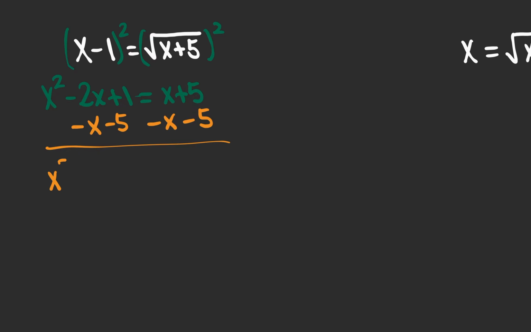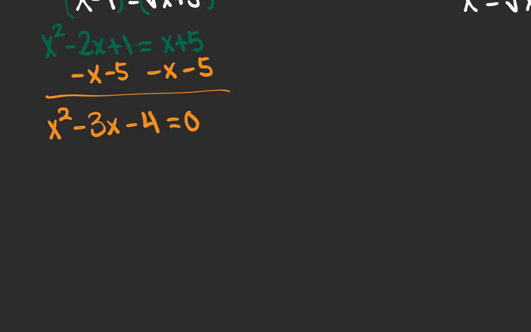This will leave me with x squared minus 3x minus 4 is equal to 0. Then we look for the factors of this quadratic. So looking at this, we notice right away that we have the following factors: x minus 4 times x plus 1, right? And it makes sense, right?